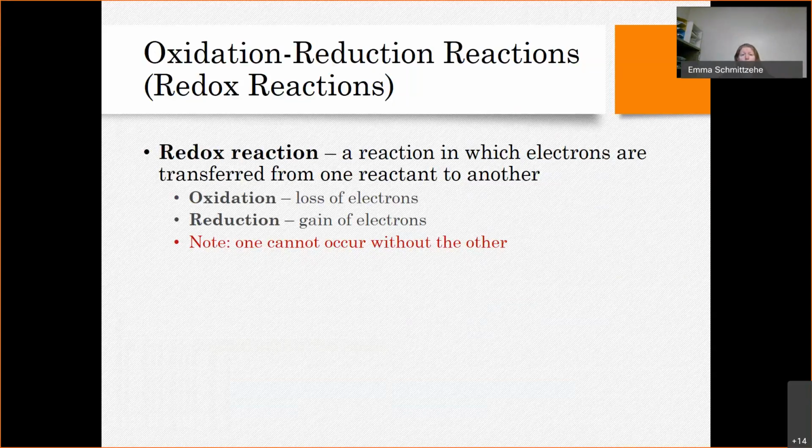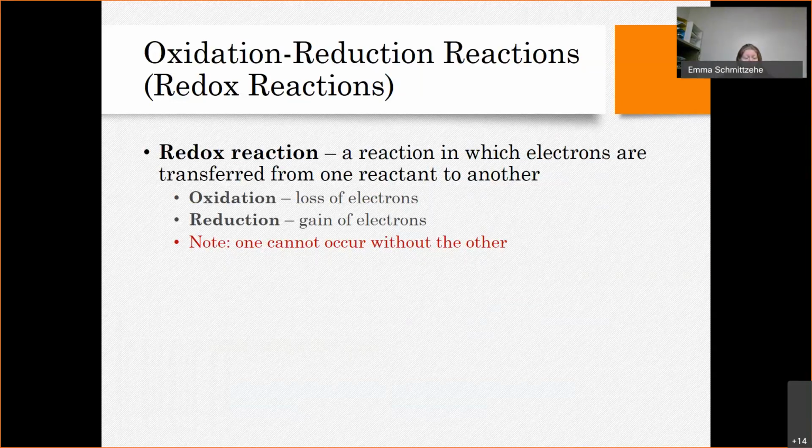And the reason it's called an oxidation reduction reaction is because each of those terms is related to a loss or gain of electrons. Okay, so we call it an oxidation when a substance loses electrons. Okay, and we call it a reduction when it gains electrons. And you can't have one of those without the other.